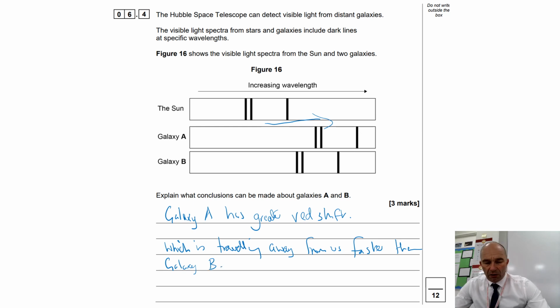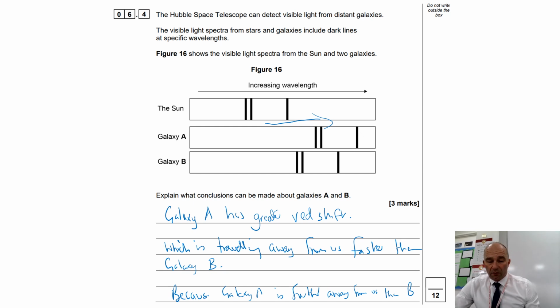And then that also means because galaxy A is further away from us than galaxy B. Remember, the more redshift that you have, it means that that particular galaxy is going to be further away and travelling faster.